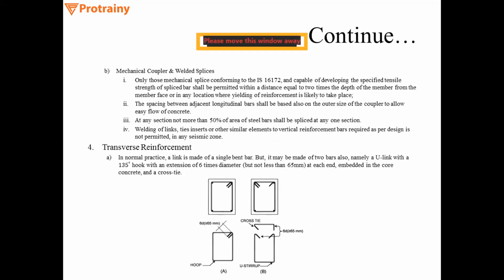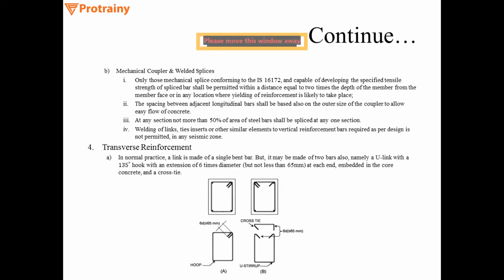Another point, coming to the other kind of splice, that is mechanical coupler and welded splices. For welded splices or mechanical couplers, there are different ways of designing these kinds of splices. While designing a welded splice, we need to consider the clause of steel design.